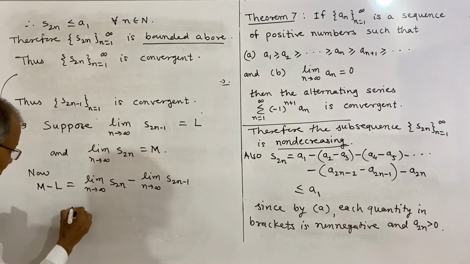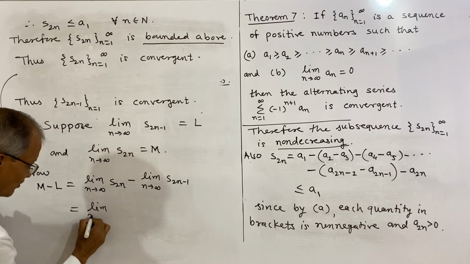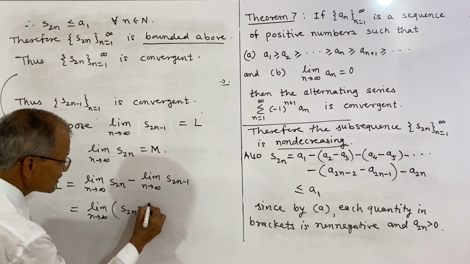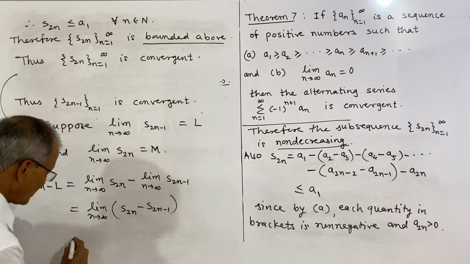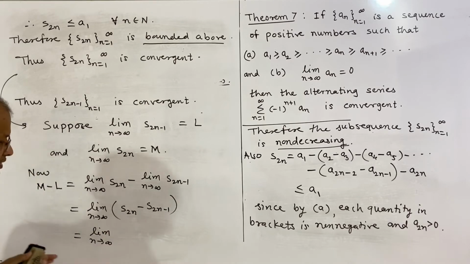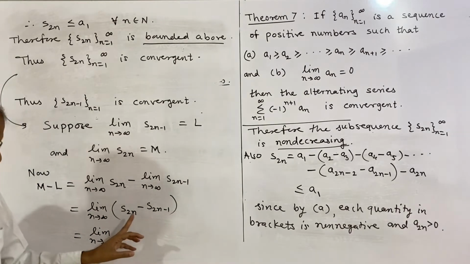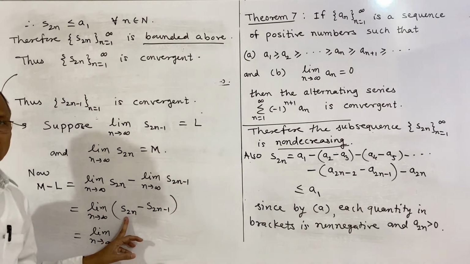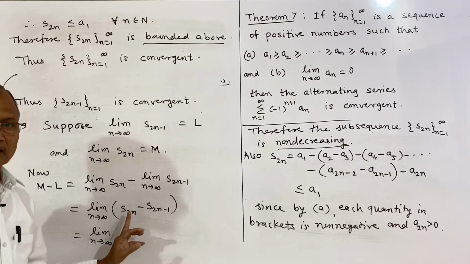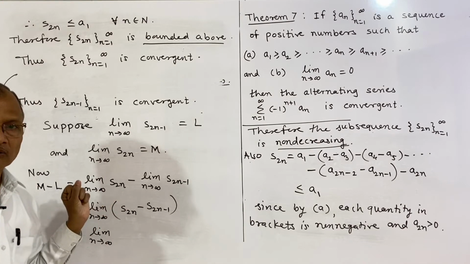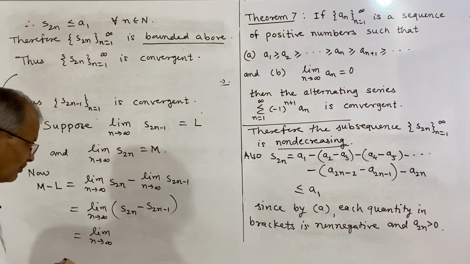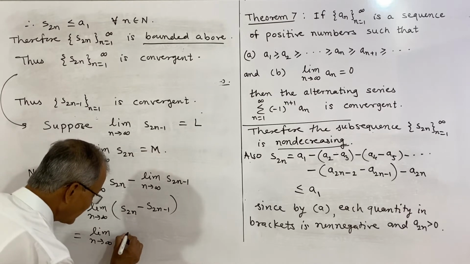Or if you take the limit as common to both terms, limit as n tends to infinity of s2n minus s2n minus 1. And what is this term? See, s2n minus s2n minus 1. This means the sum of the first 2n terms, and this means the sum of the first 2n minus 1 terms, and their subtraction will give the 2nth term only. And what is the 2nth term? That is a2n, and therefore this will be a2n.